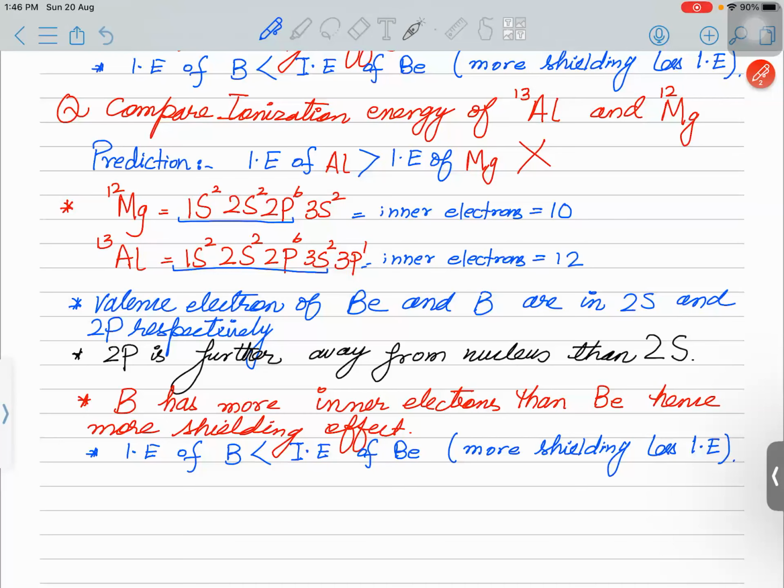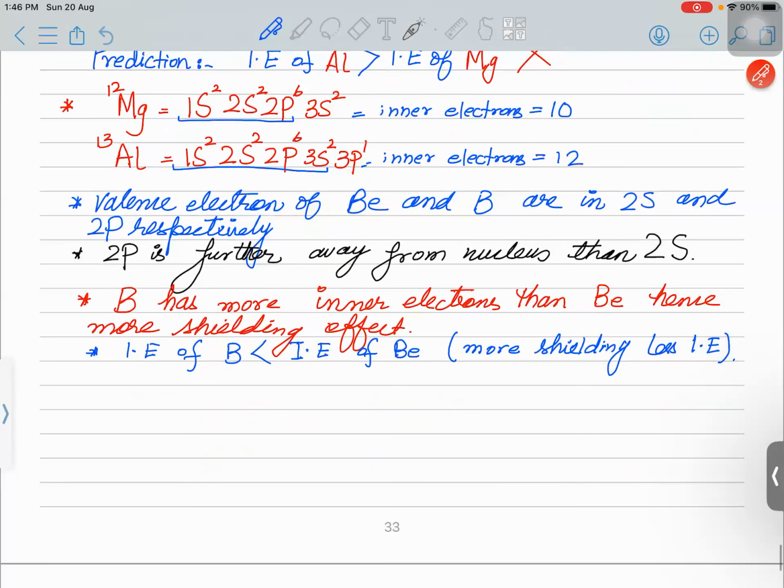So the valence electrons of magnesium and aluminum are in 3s and 3p respectively. You can see that the valence electron is in the third shell, 3s for magnesium and 3p for aluminum.